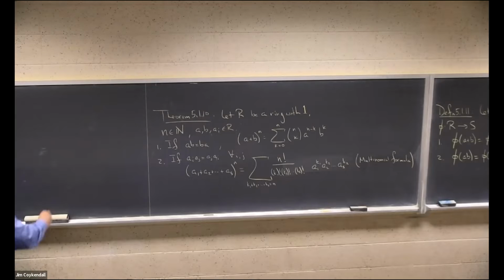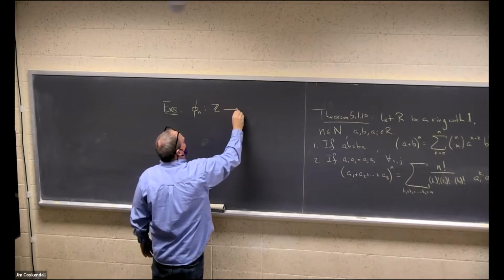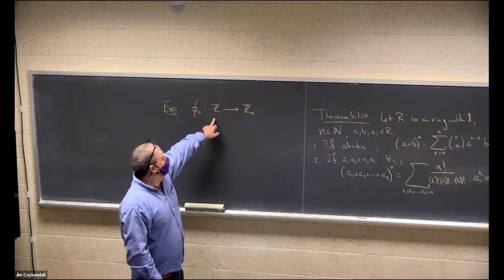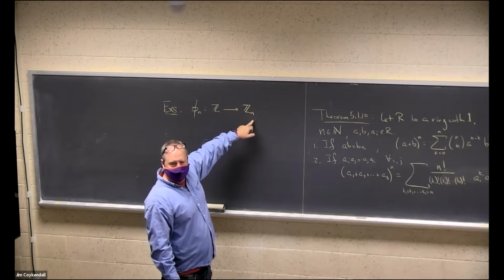Here's one of my favorites. Notice the integers is a ring, and Z mod n is a ring with addition and multiplication given mod n.